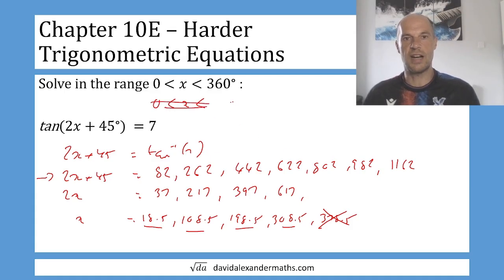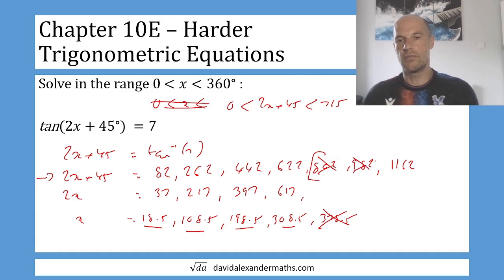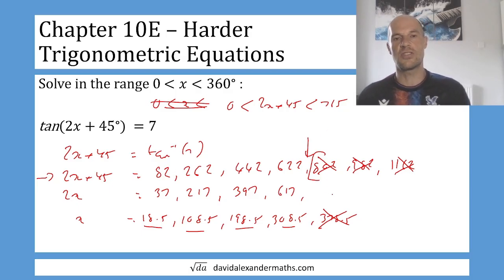Sorry, I've written that incorrectly. That should be 2x plus 45 must be less than 765. So anything greater than that is another way we know we can stop at this point, and therefore we're only going to get 4 solutions.